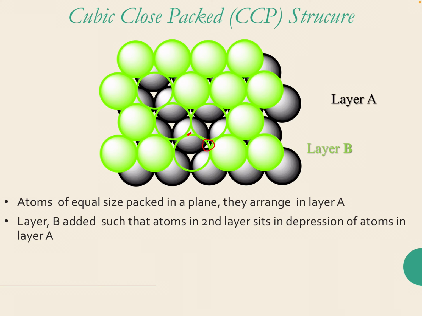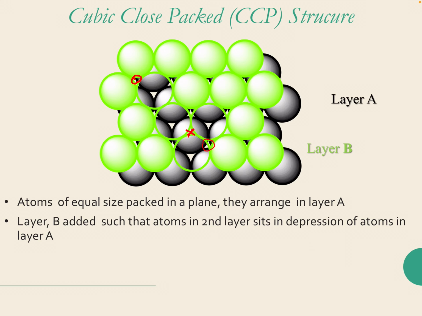So the third layer atoms will occupy the depression position formed by layer B. So they will sit in the depression, but they will not be exactly above the atoms from layer A. Okay, layer C atoms occupy the depression position such that they will not be exactly above the atoms from layer A. So they will not sit here.